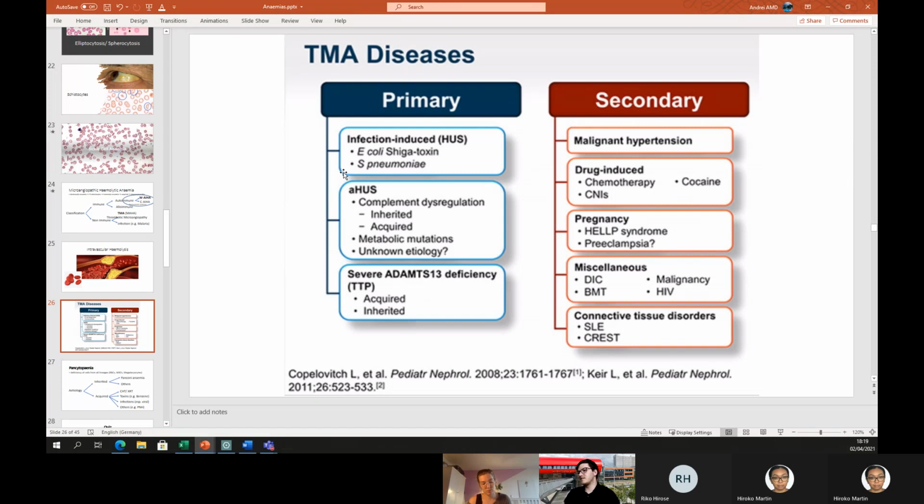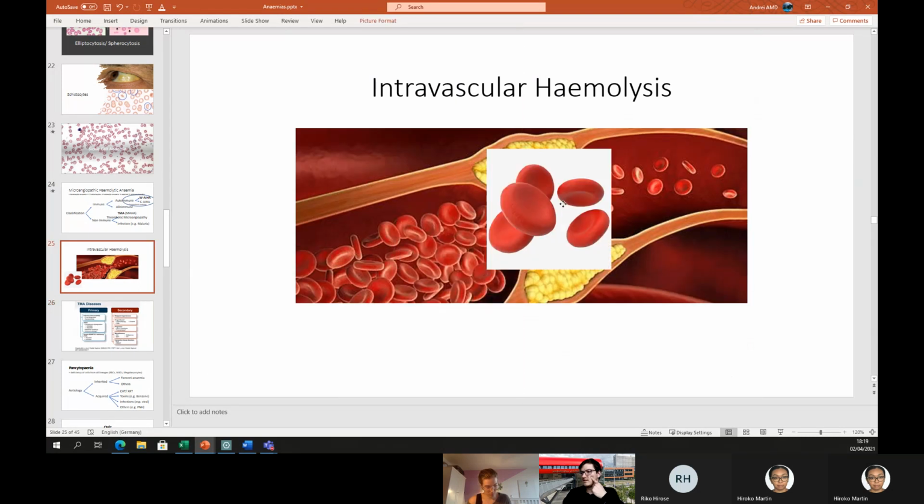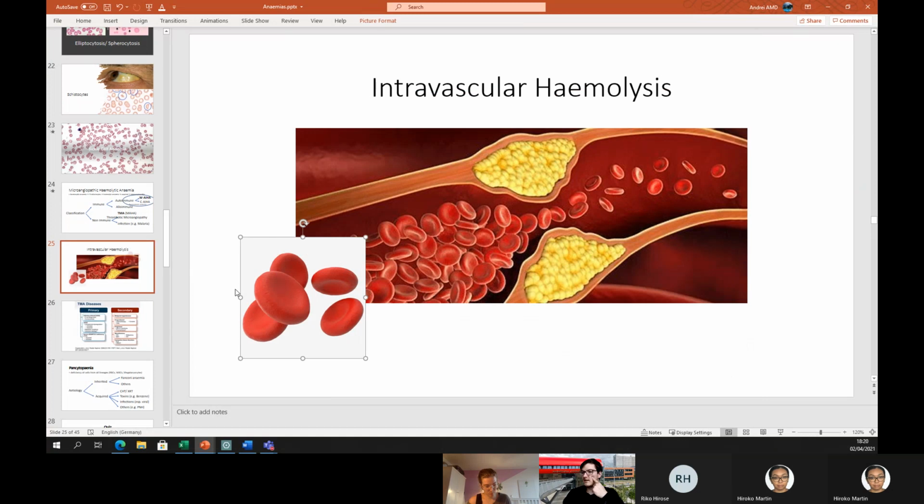Forget about primary and secondary. This is just a nice picture that you can be using later on for your studies. So infection-induced HUS, hemolytic uremic syndrome, could lead to clot formation. Atypical hemolytic uremic syndrome is similar to infection-induced, leads to clot formation, and again, you have this picture where red blood cells are destroyed within the blood vessels.